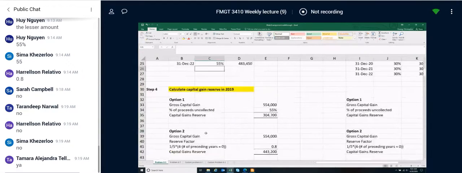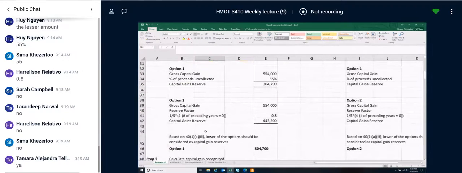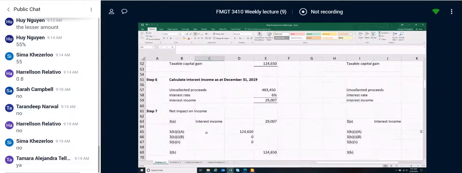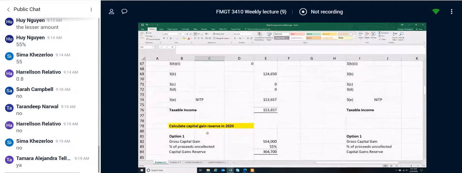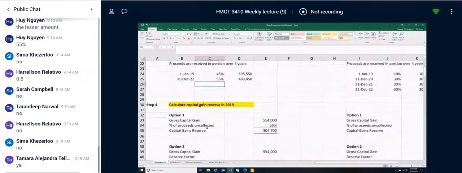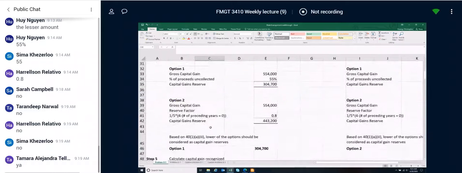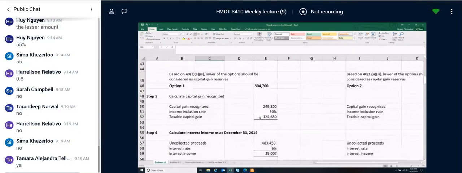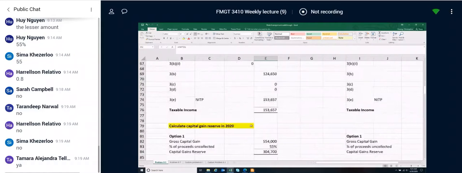So now you ask, what were the taxable capital gains over the years? In 2019, we said we would have 124,650 capital gain.